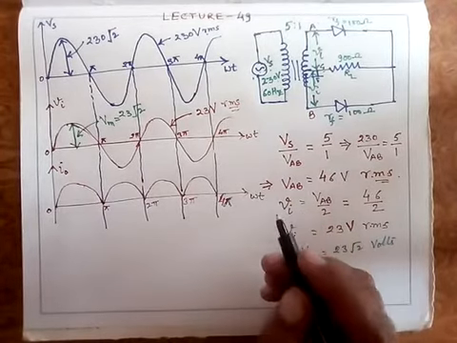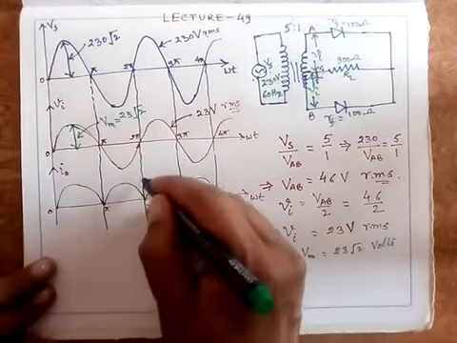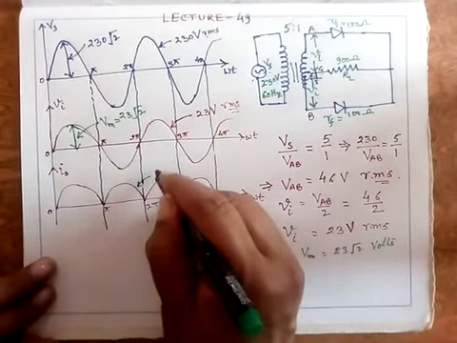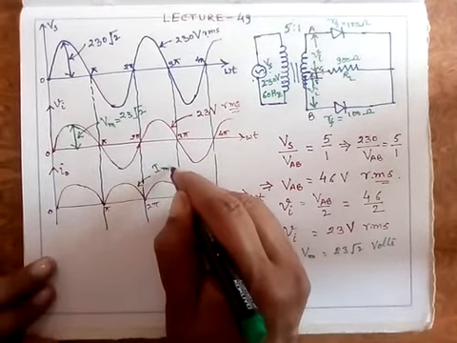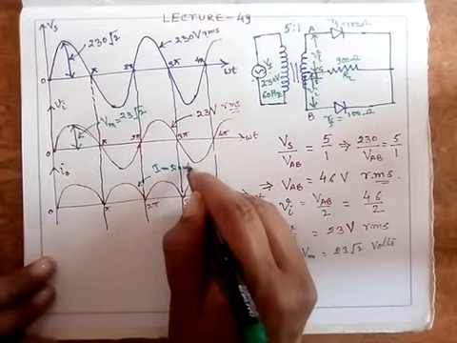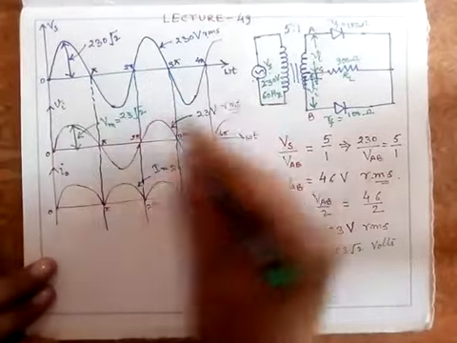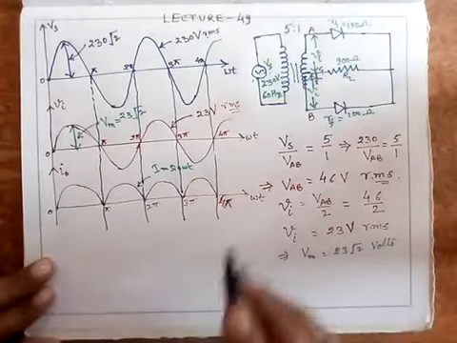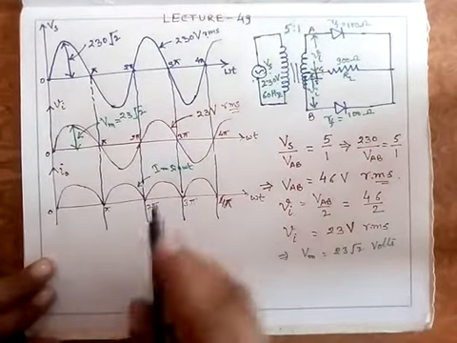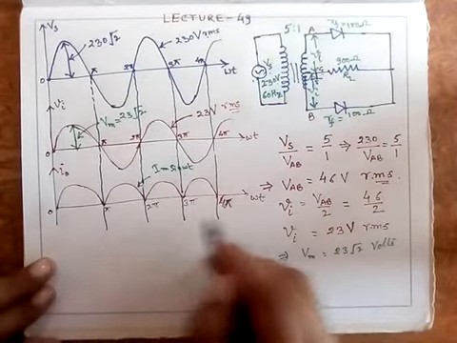Now the point is, of course, the instantaneous value of this will also be Im sin omega t, Vm sin omega t, and all these things. Similarly, you will have Vo also of same nature.